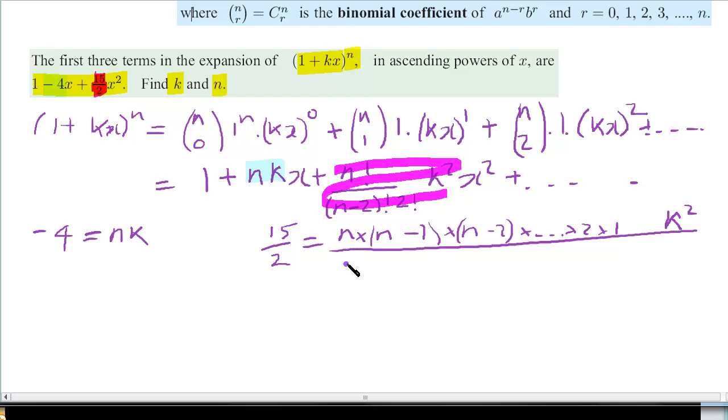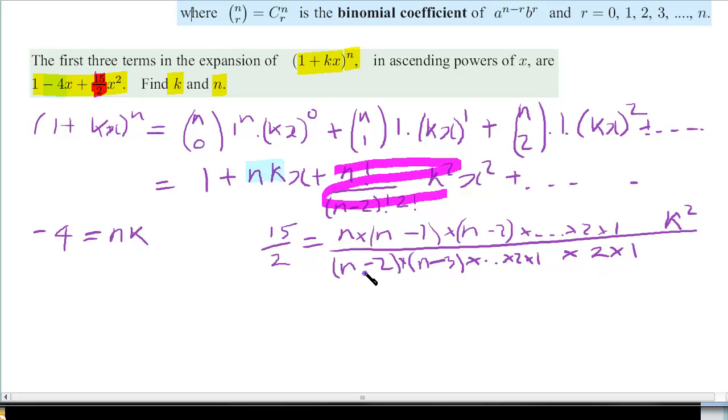Now n minus 2 factorial is the same as n minus 2 times n minus 3, times all the way down to 2 times 1. And I mustn't forget my 2 factorial, so we've got times 2 times 1.